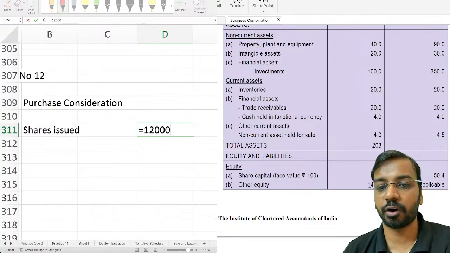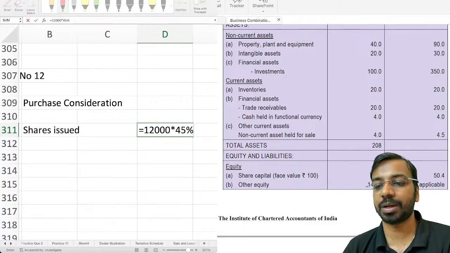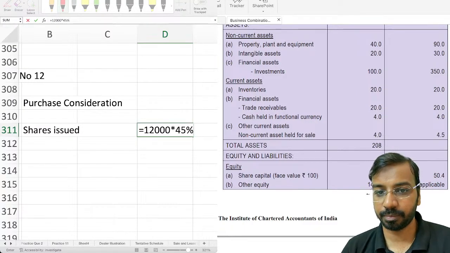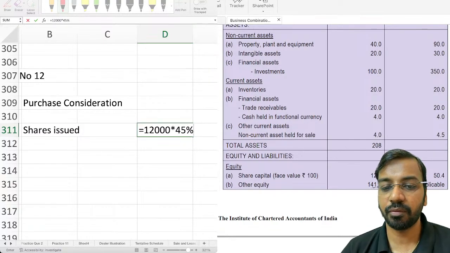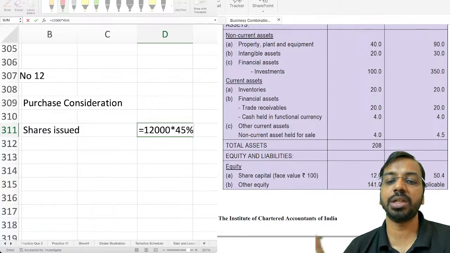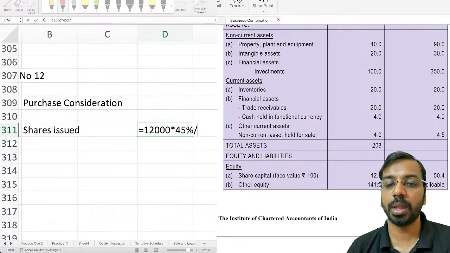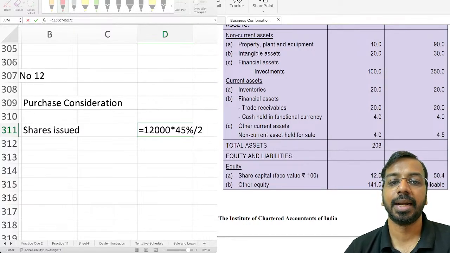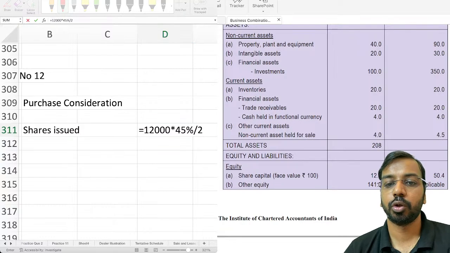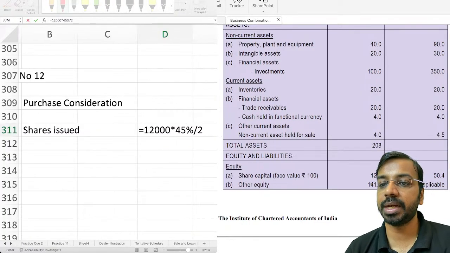Out of this we have acquired 45%. For this we will issue 1 share for 2, so divided by 2.